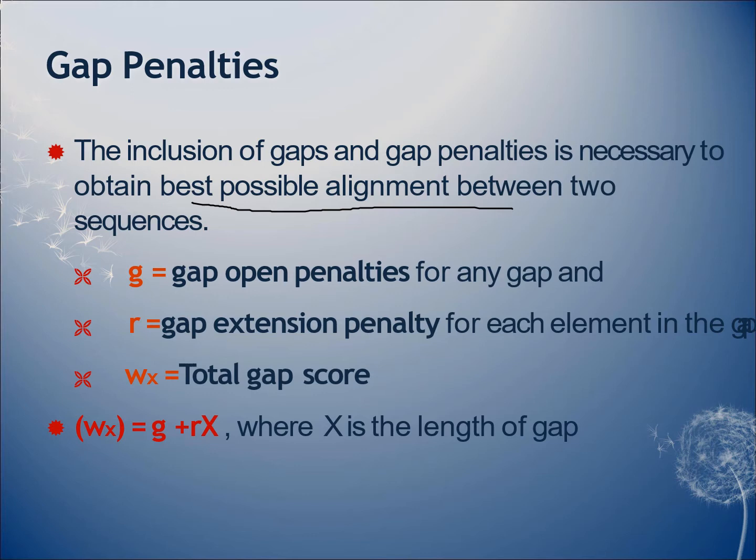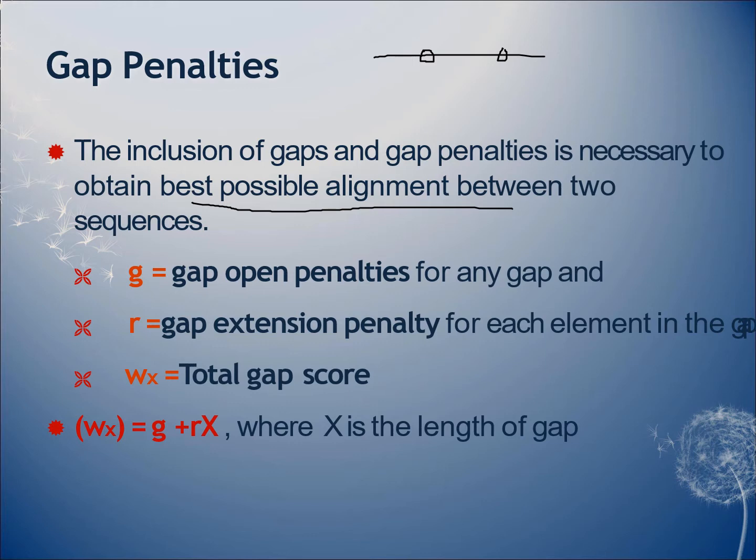Because some sequences undergo mutations and are not the same. The inclusion of gaps somewhere in the sequence makes the alignment between the two sequences a better one, so that we can get a proper alignment score in a pairwise alignment.